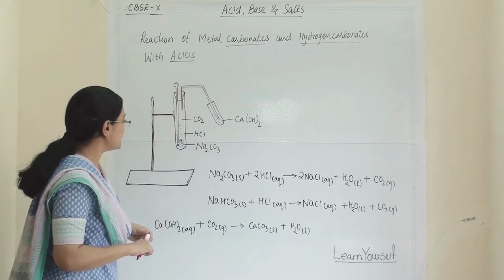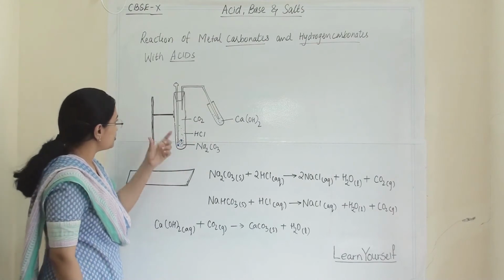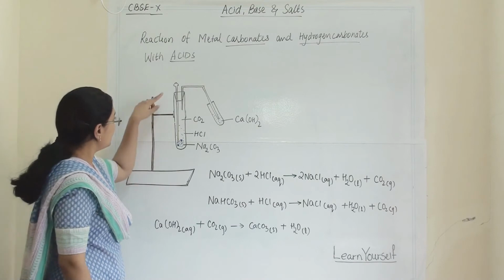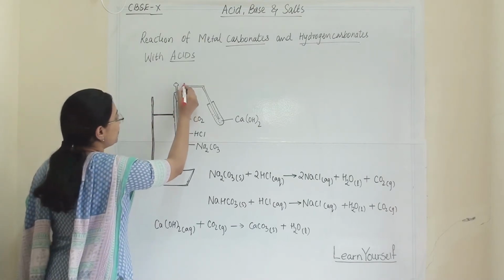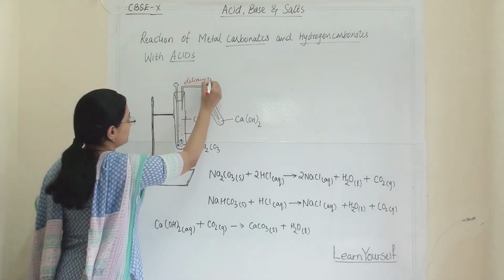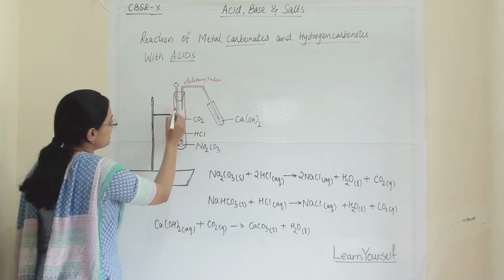For this, let us conduct one experiment in which I have taken a big test tube. Into that, there is one delivery tube which will pass a gas. This is a thistle funnel.